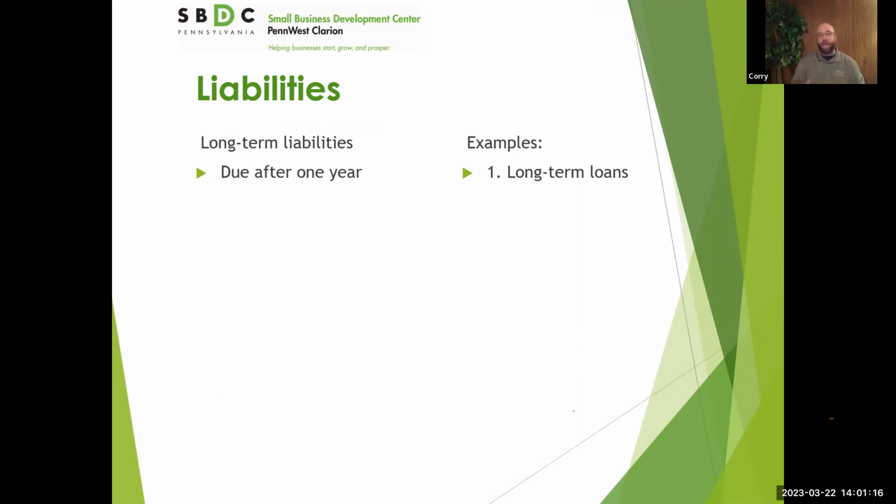So anything due after 1 year. Examples here, we have our mortgages, our vehicle loans, our equipment loans, any of those larger loans that are going to be beyond 12 months is a long-term liability. Now, a balance sheet, as we talked about in session 1, you see it most commonly when you're using a bookkeeping system such as QuickBooks, FreshBooks, and all the different types out there.